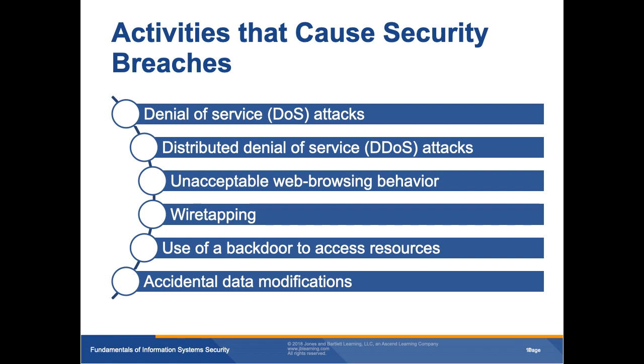A distributed denial of service, or DDoS, is a denial of service, but instead of maybe using one machine, it uses hundreds or thousands of machines to deny the service, and so it's harder to protect against.